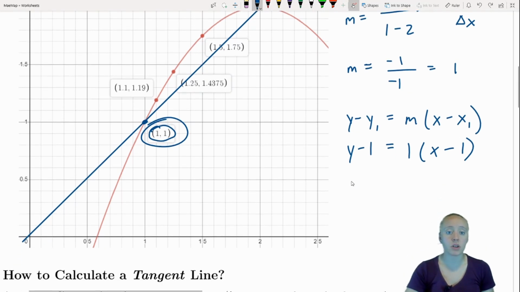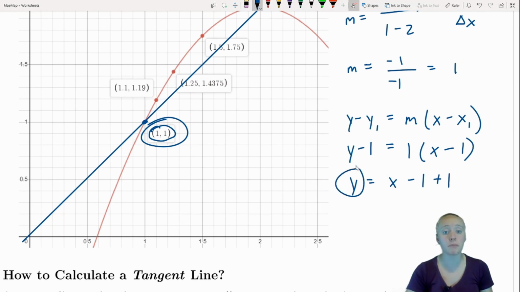So we'll have y equal to x minus 1, and then I'll add 1 to both sides to get rid of the 1 that was with my y. So we get y equals, well, x minus 1 plus 1 is x. So we have our slope of 1 and our y-intercept of 0. So this secant line from the point (1, 1) to the point (2, 2) is y equals x.